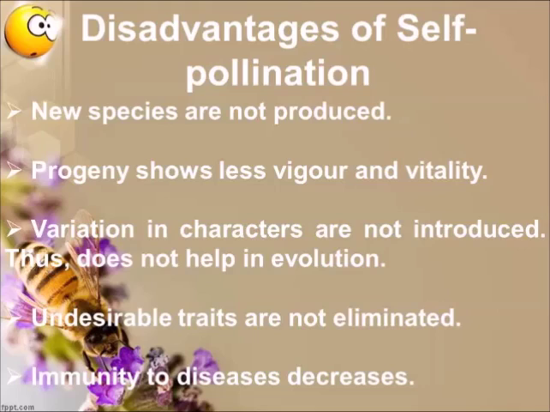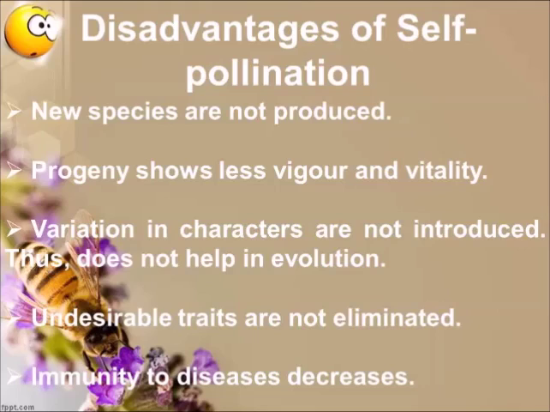Instead, parental traits are maintained in successive generations, and also continuous self-pollination through successive generations leads to reduced vigor and vitality in the progeny, resulting in reduced fitness in offspring. Since no new characters are introduced in the resulting offspring, no variation occurs in characters. Hence, it reduces the chances of evolution.